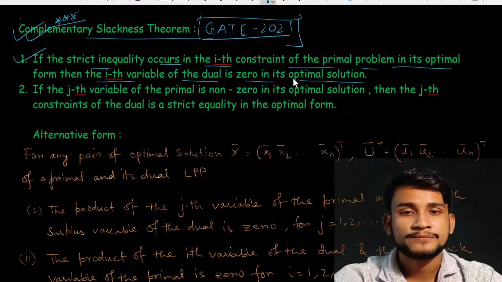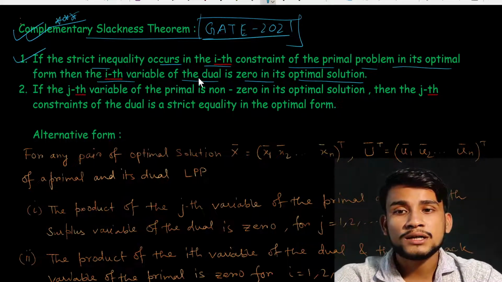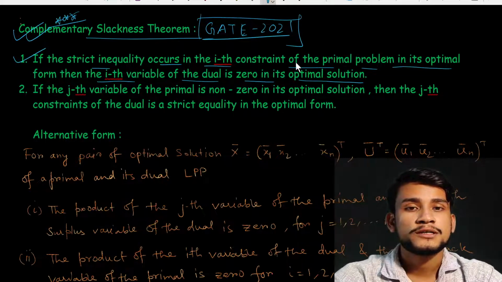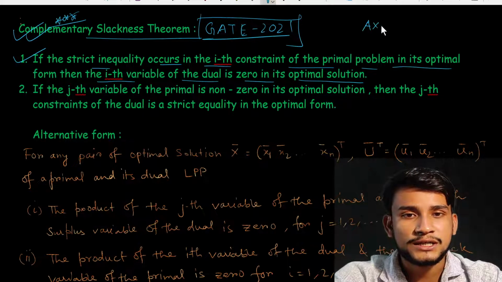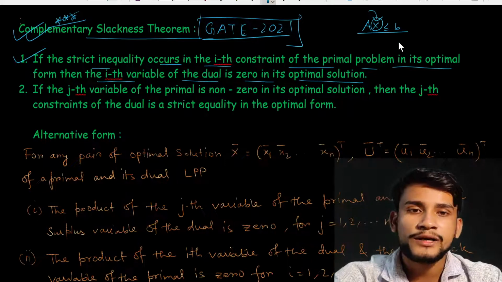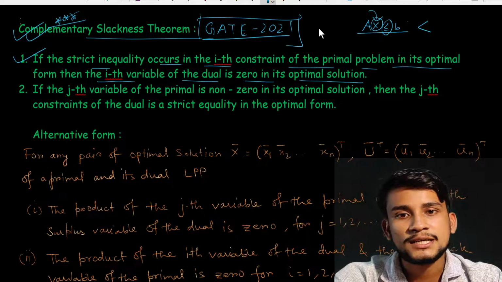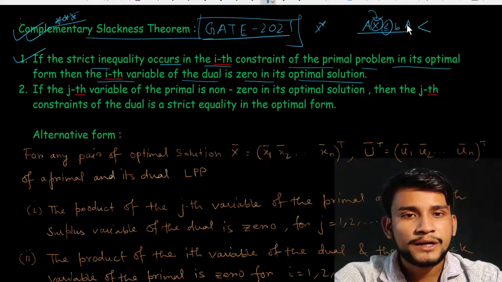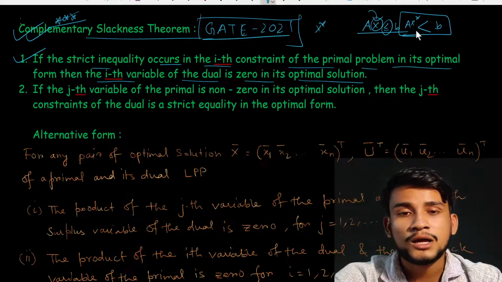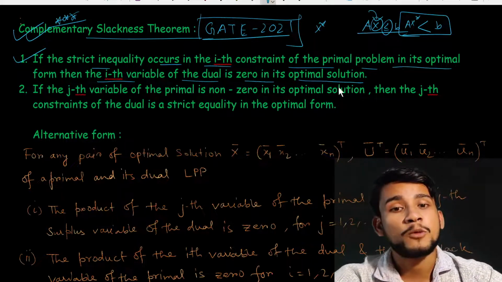What do you mean by this theorem? If the strict inequality occurs in the ith constraint of the primal problem in its optimal form, that means suppose the constraints are of the type Ax ≤ b. If we put the optimal solution x star instead of x, and Ax star is strictly less than b, then the ith variable of the dual is 0 in its optimal solution.